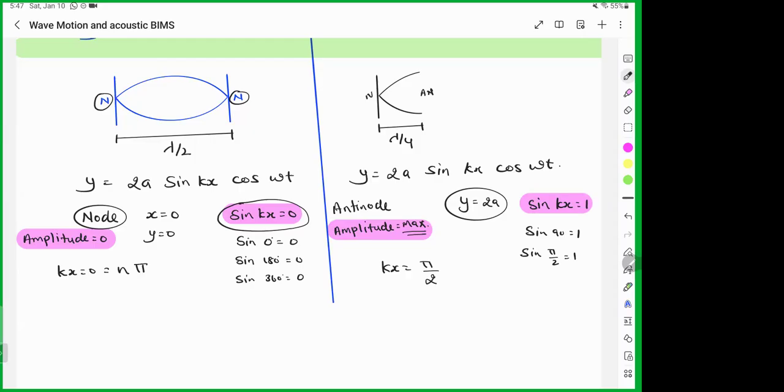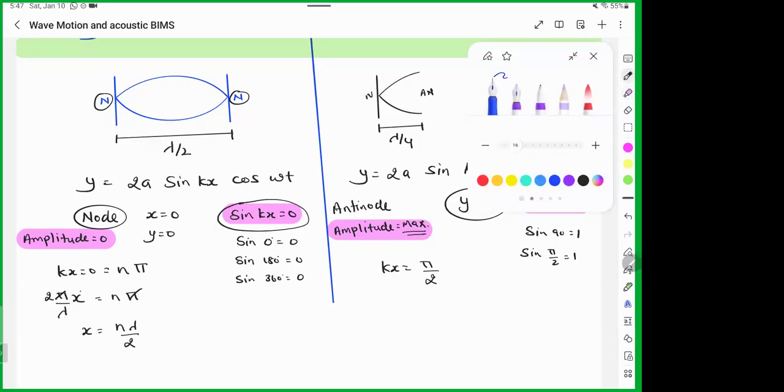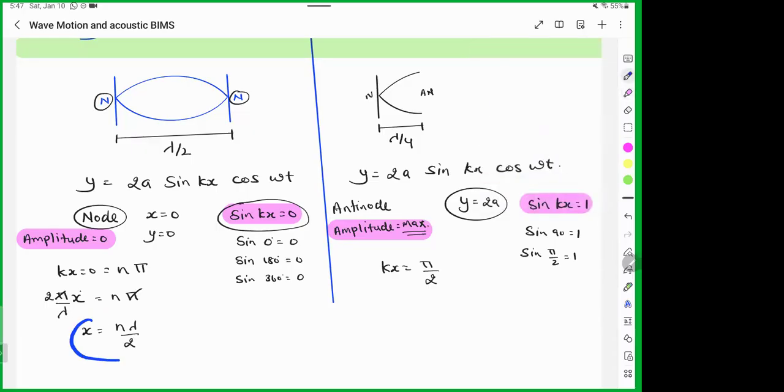Here it will be pi by 2. Correct? So, what will be the k value? 2 pi by lambda is equal to n pi. Pi cancel. X value will be equal to n lambda by 2.